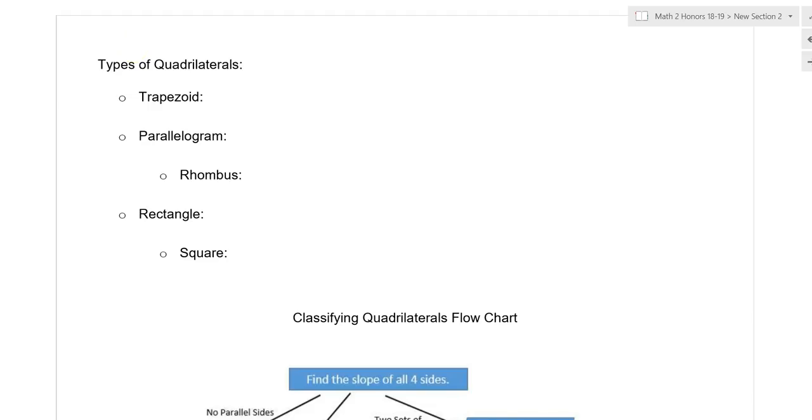Again, most of these shapes we probably know. Trapezoid, rhombus may be new, but for the most part, we know what these shapes look like. So a trapezoid is a quadrilateral with one set of parallel sides.